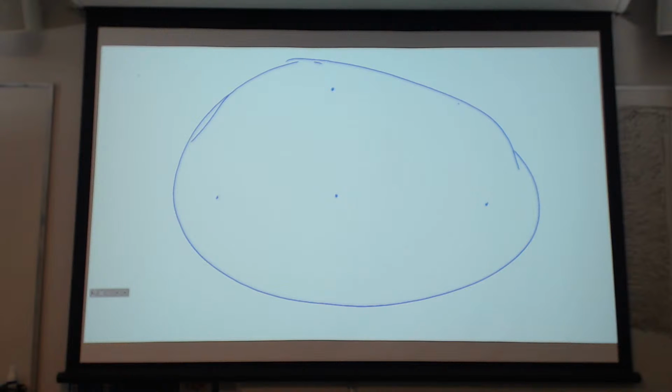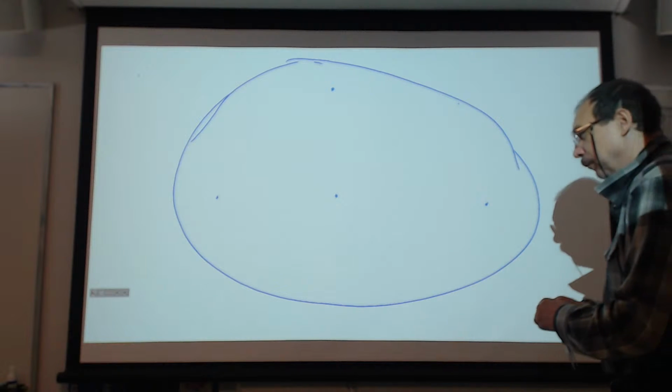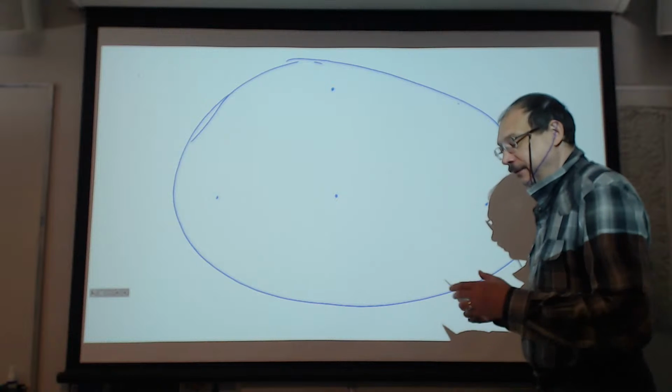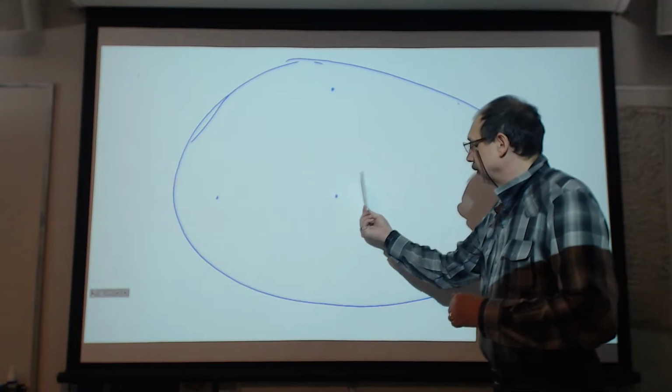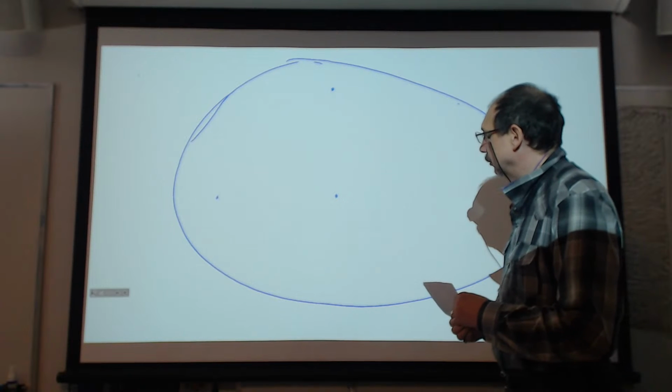But the actual orientation of each coil is perpendicular to this plane. These are loops in the solenoid.